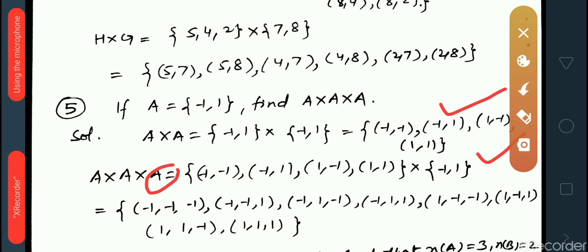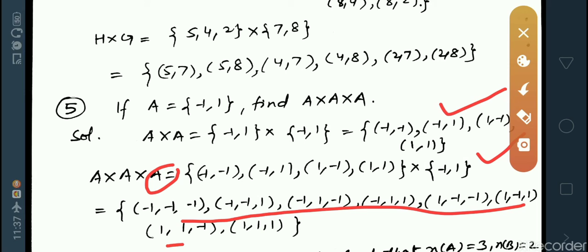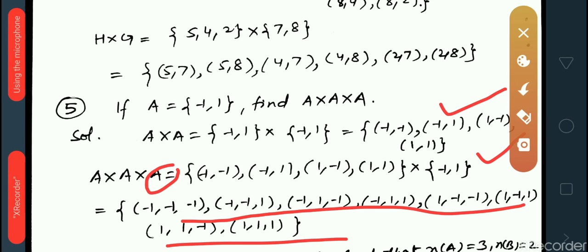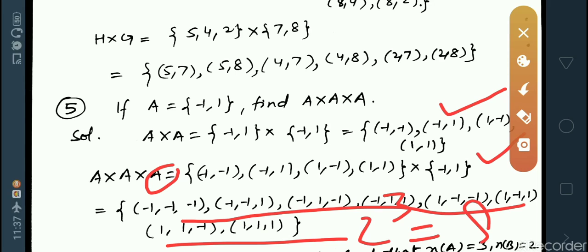Now after finding Cartesian product, we get this. Now we can verify total number of elements. Number of elements in A cubed will be 2 raised to power 3 because all the sets are equal. So number of elements will be equal to 8, and we got total elements 8.